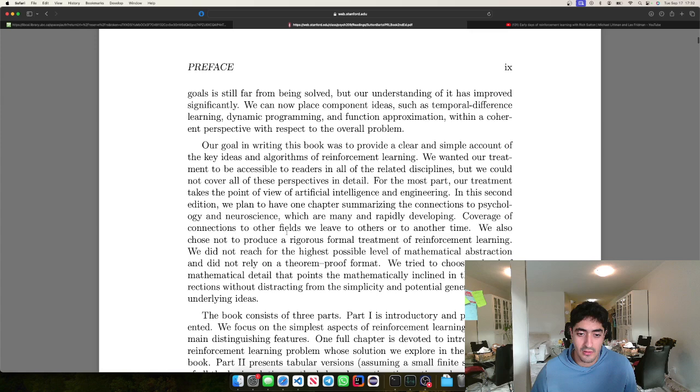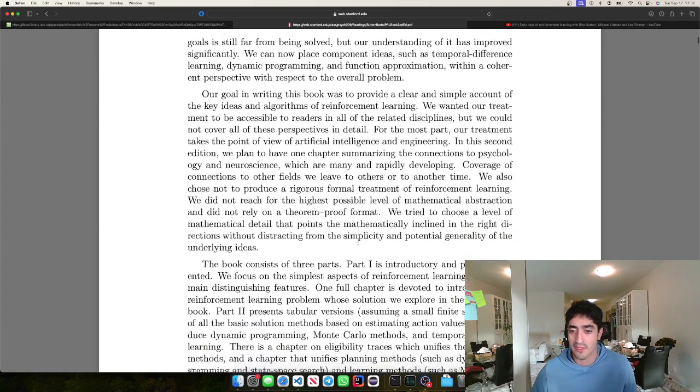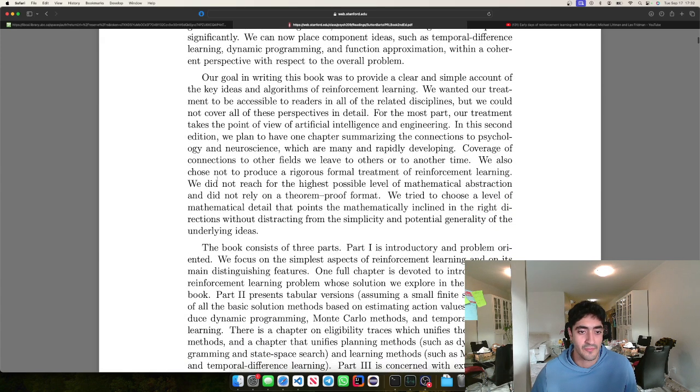We also chose not to produce a rigorous formal treatment of reinforcement learning. We did not reach for the highest possible level of mathematical abstraction and did not rely on a theorem-proof format. We tried to choose a level of mathematical detail that points the mathematically inclined in the right direction without distracting from the simplicity and potential generality of the underlying ideas.